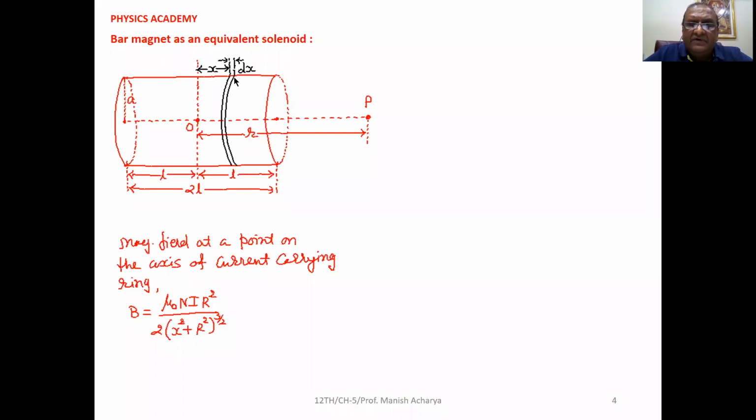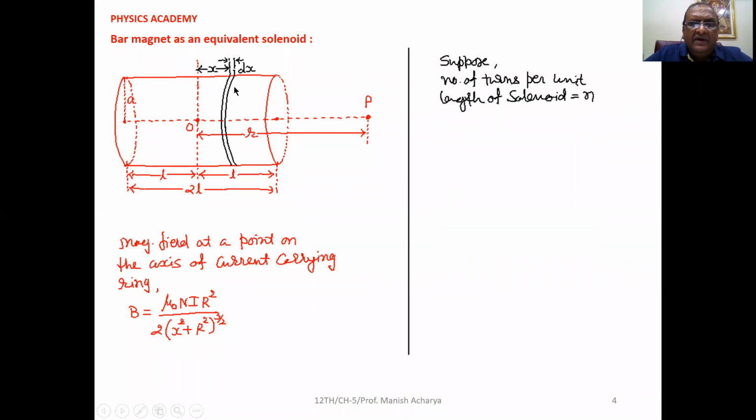Now, first of all, we have to take the magnetic field at point P due to this particular ring. Now see here. Suppose the number of turns per unit length of the solenoid is small n.